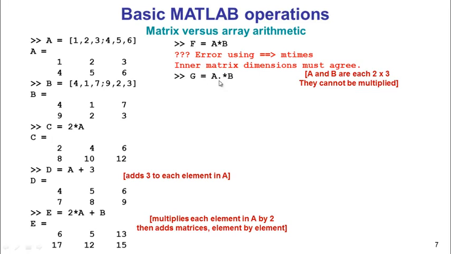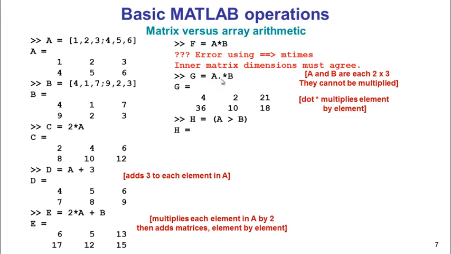If you say G equals A dot times B, then you're going to get this element by element multiplication. 1 times 4 is 4, 2 times 1 is 2, 3 times 7 is 21, etc. So this is a very important point in MATLAB. If you just do a straight multiplication, MATLAB's going to interpret that as a matrix multiplication. If you do a dot times, MATLAB will interpret that as an array or an element by element multiplication.